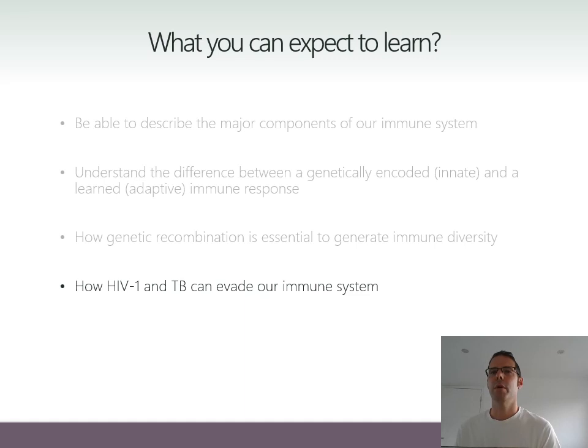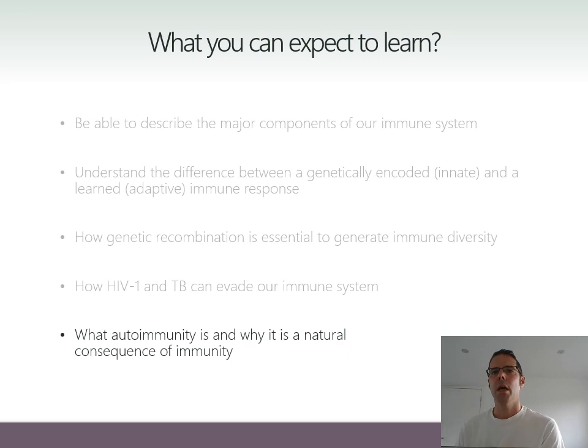We'll look at how HIV and tuberculosis have learned how to evade your immune system, so why they're so good at hanging around when you should have cleared most infections after a couple of weeks. And we'll also discuss what autoimmunity is and what its natural consequences are. We'll also touch on cancer therapy as well, because sometimes cancer is an issue where your immune system doesn't do its job correctly.